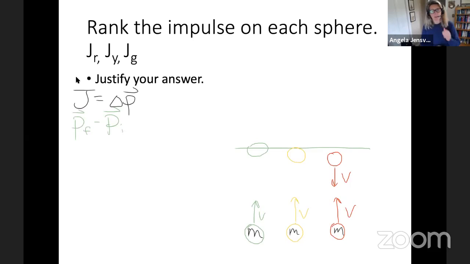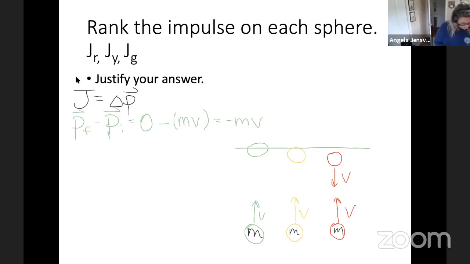I keep writing that symbol to continue to remind you. What was the final momentum of the green sphere? 0. What was the initial momentum? Well, if I call up positive, which we could do, then we're subtracting the initial momentum, which was mv. So that impulse is negative mv. What that means is there was a force downward or toward the bottom of the screen on the sphere.